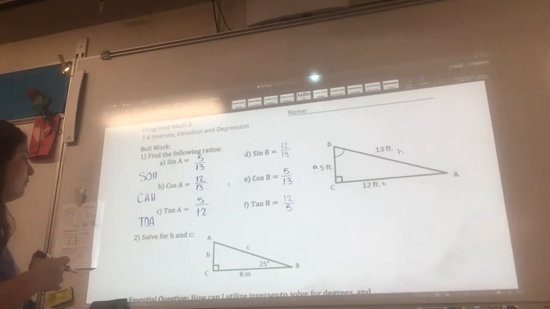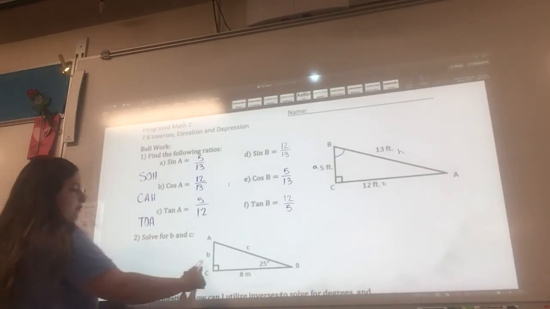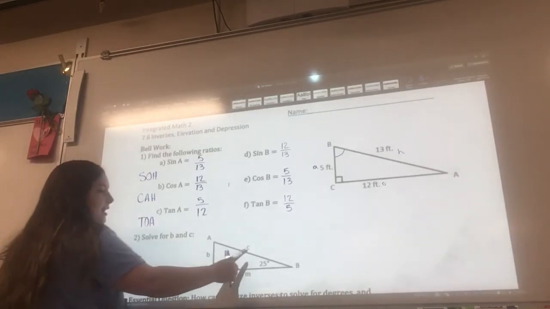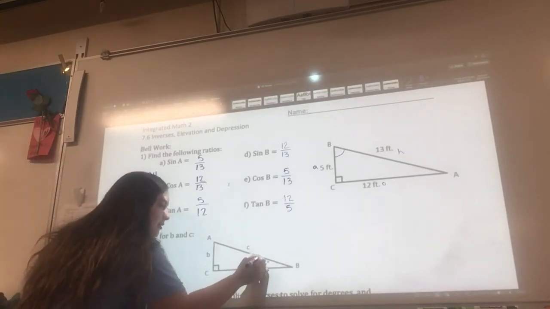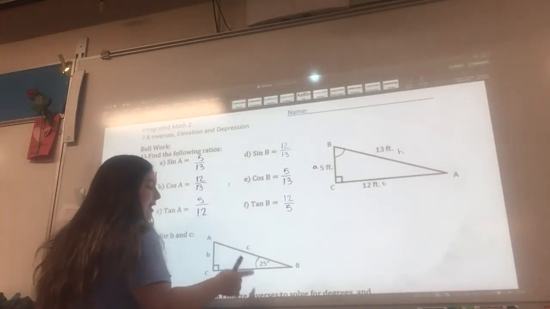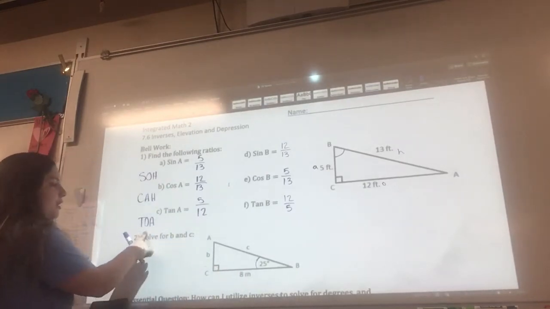Okay? Alrighty. Number 2 is saying we need to solve for our side length B and our side length C. We are given angle B and what side length A is. So we need to remember how to find side lengths using SOHCAHTOA.